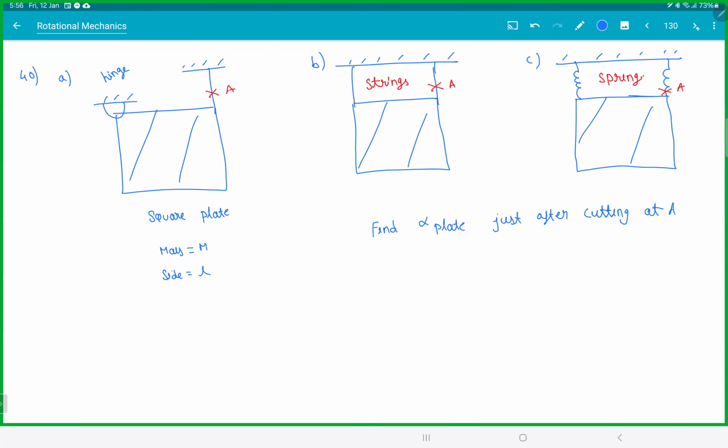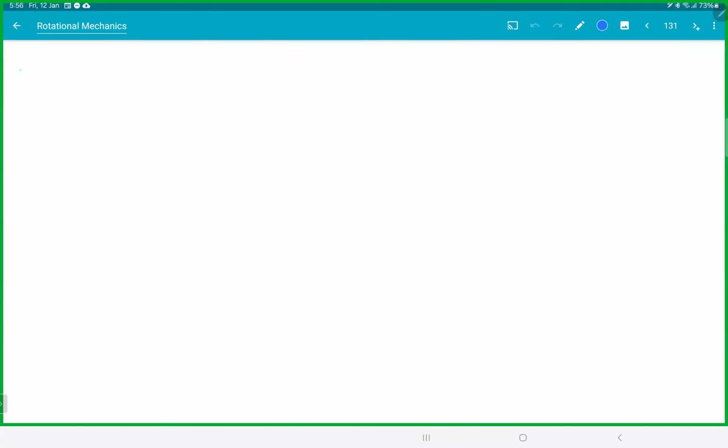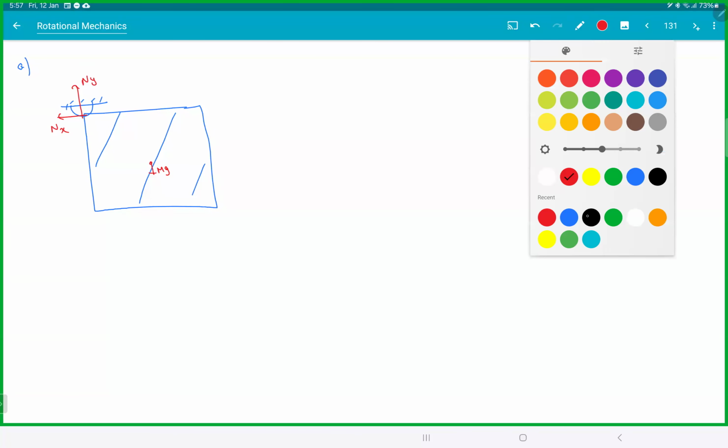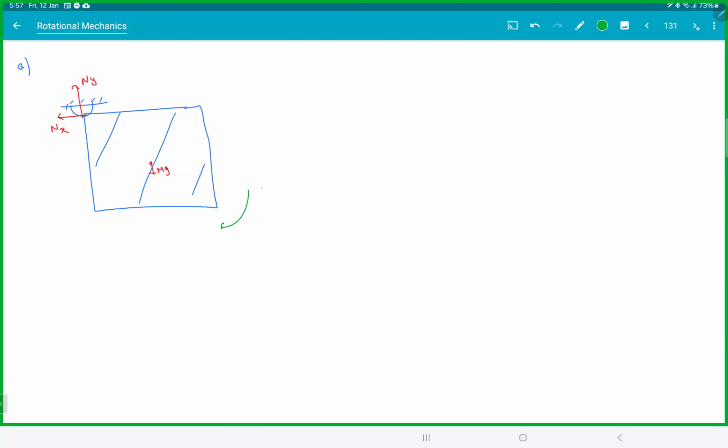First one. The first one is the easiest one actually. This is the hinge here. Write the forces: Ny, Nx, mg. You're just asking for alpha, so I'll not write anything else.